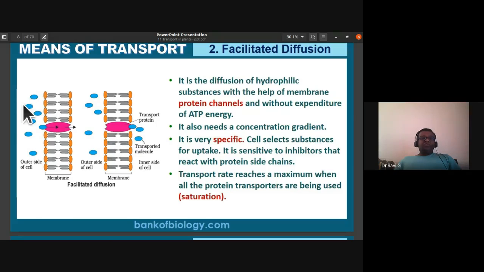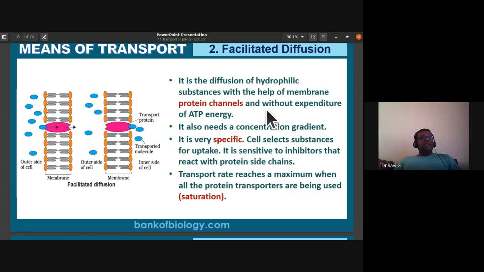They are facilitated by the protein channel, and there is no expenditure of energy whenever they are transported. That is what we call facilitated diffusion.